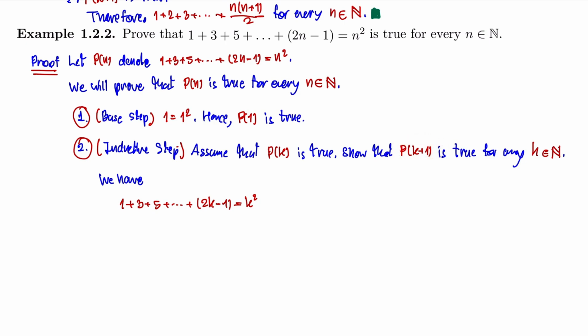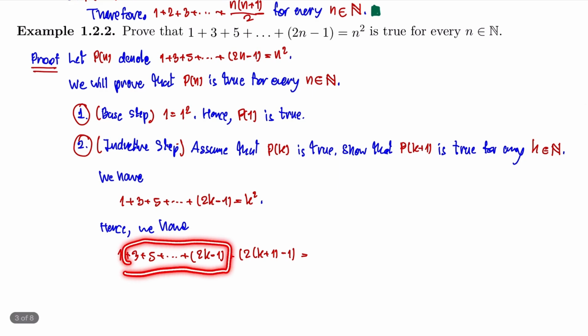So we also have 1 plus 3 plus 5 plus all the way to 2k minus 1, and plus the next one, which is 2 times k plus 1 minus 1. So what happened to this? We will continue to do it.